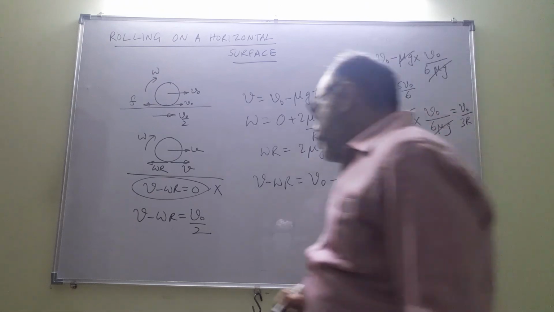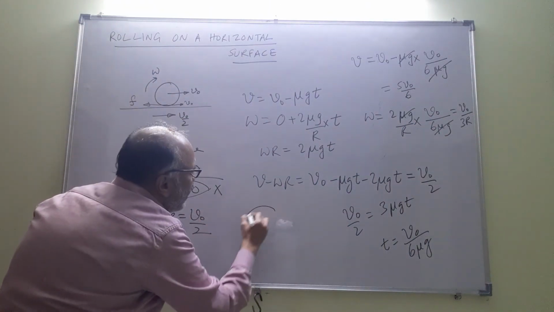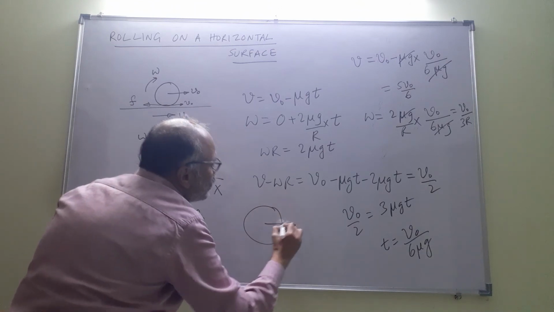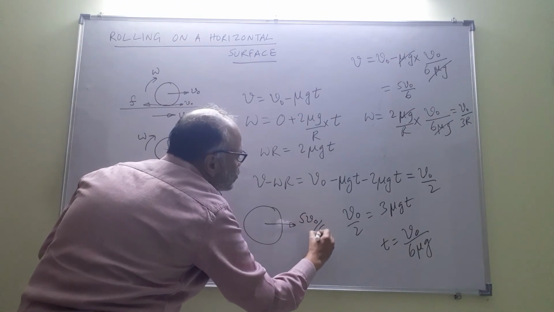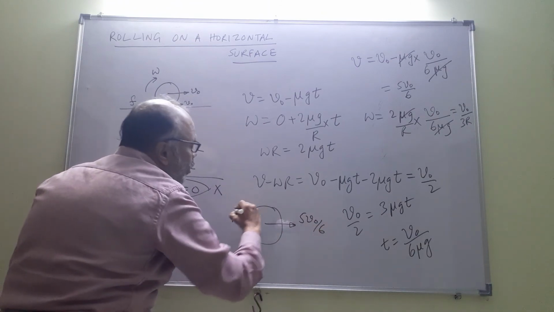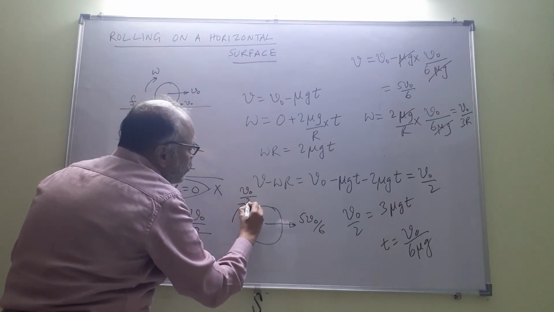That will be omega. See the situation. You have the center of mass moving at 5 v naught by 6 and the angular velocity at v naught by 3r.